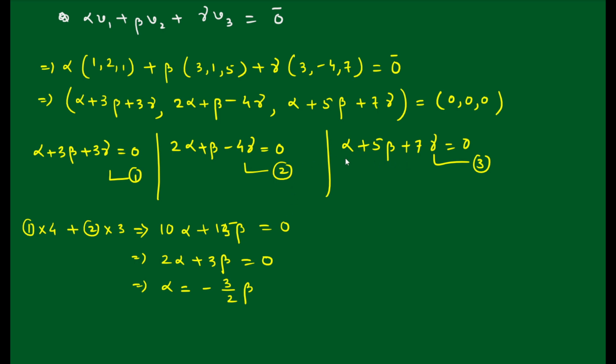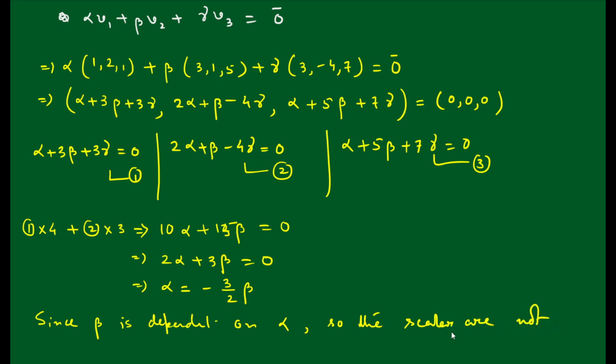Similarly, if you take some other equation, suppose 2 and 3 or 1 and 3, you'll get a similar relation that one will be dependent on the other. Since beta is dependent on alpha, the scalars are not all 0.